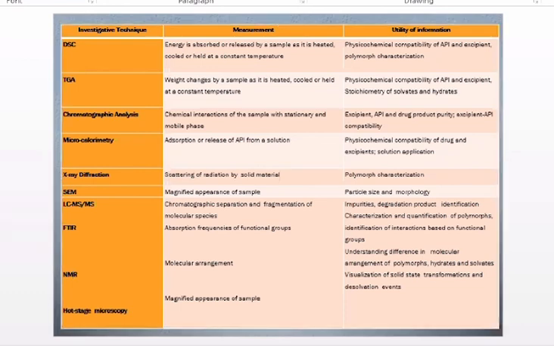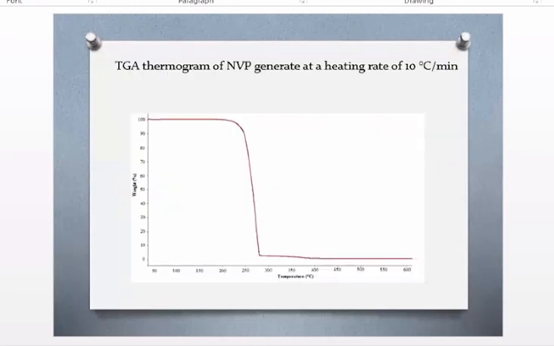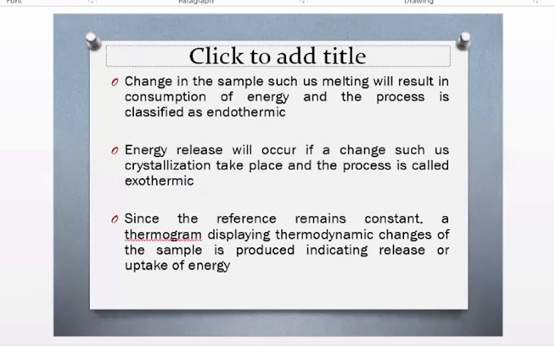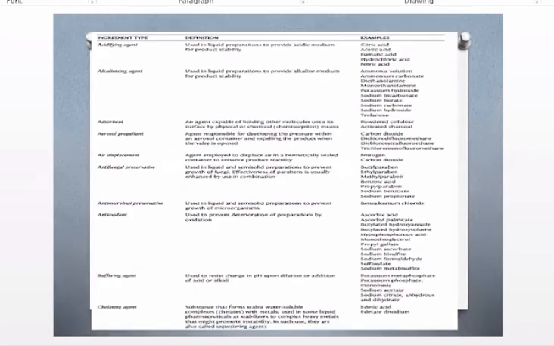I've added a number of slides which further explain these techniques, and you can read for your own information what each of these techniques can do. And then at the far end, there's a table where I have added groups of excipients that are available.